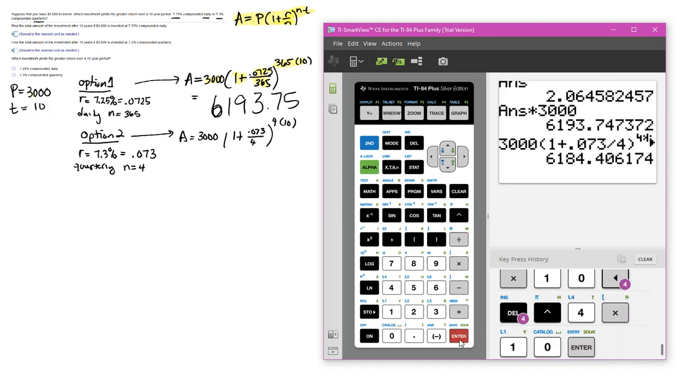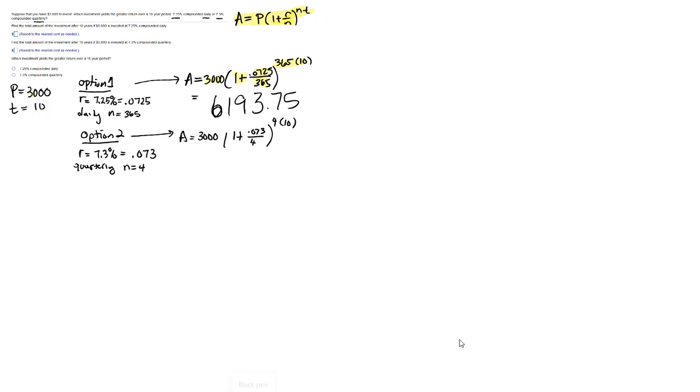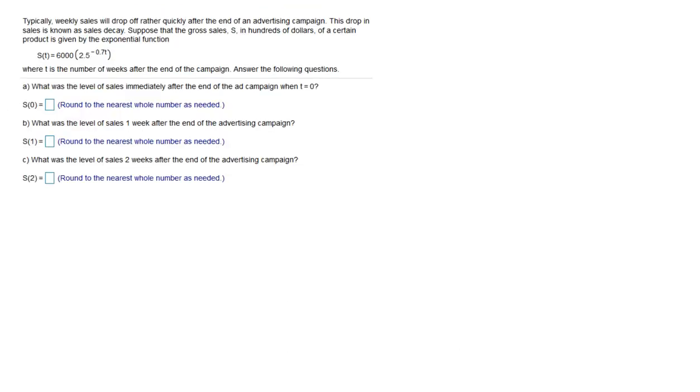We get $6,184.41. And since option 1 came out to be a larger amount, that's going to be the better investment. And you would choose 7.25% compounded daily.